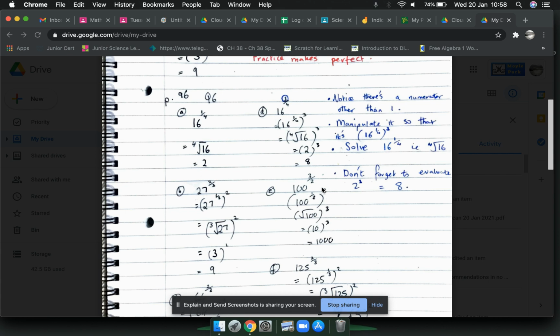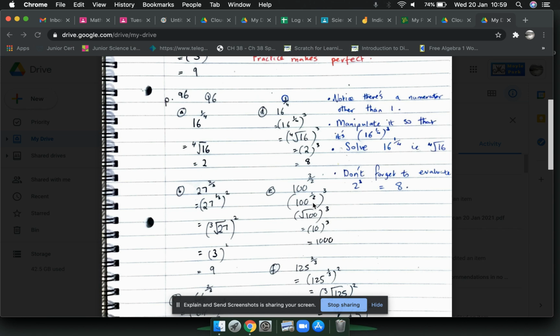That 3 will multiply by 1, which gives us 3, so 3 over 1. 1 by 2 gives us 2, so therefore 100 to the power of a half to the power of 3 has the same meaning as 100 to the power of 3 over 2.